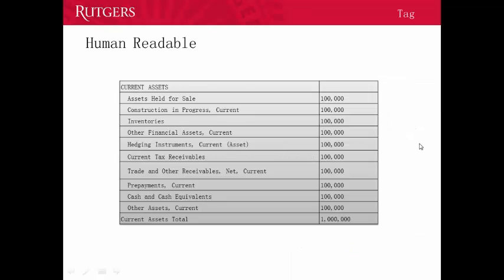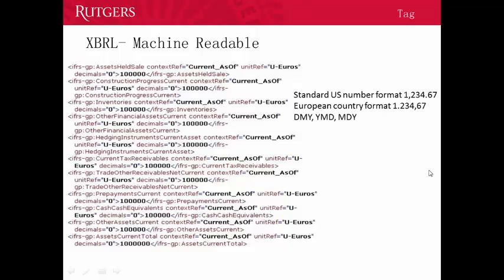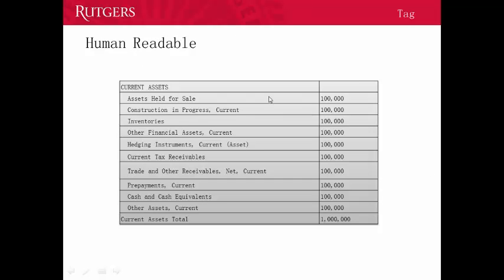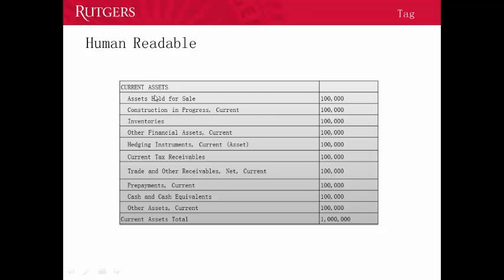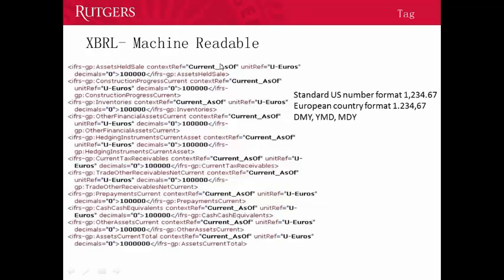Here is another example. This information is human readable information from a financial statement, and it records the name of the accounts and the amount of the accounts. However, if this information is recorded in XBRL format, the machine readable format, it reads like this. For example, the first item, assets held for sale, is recorded like this.